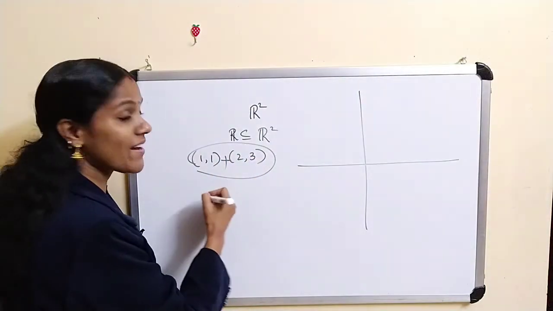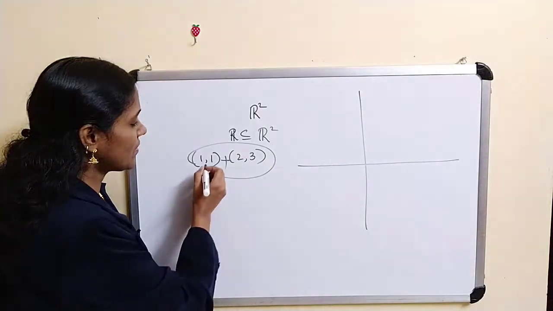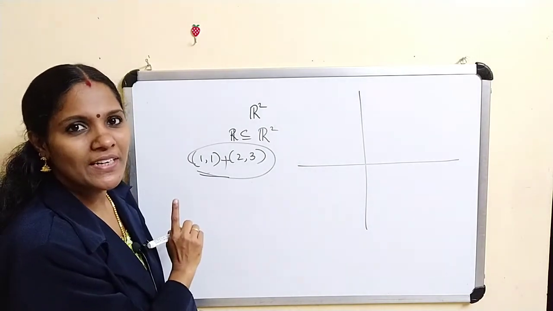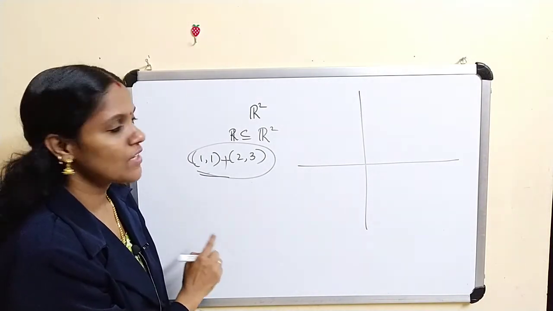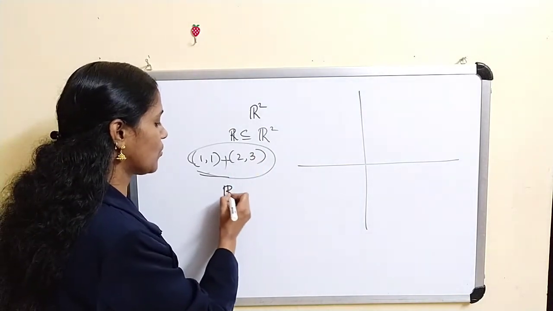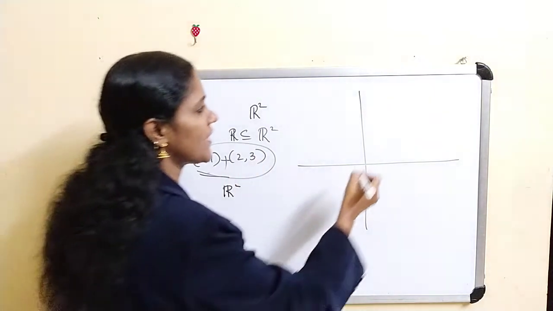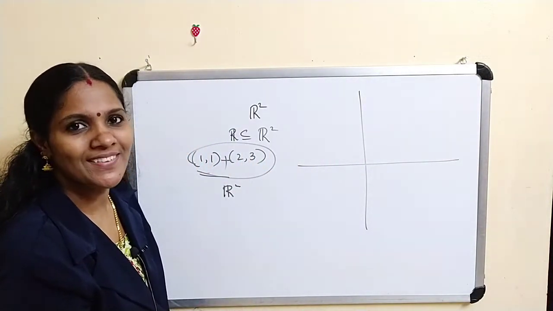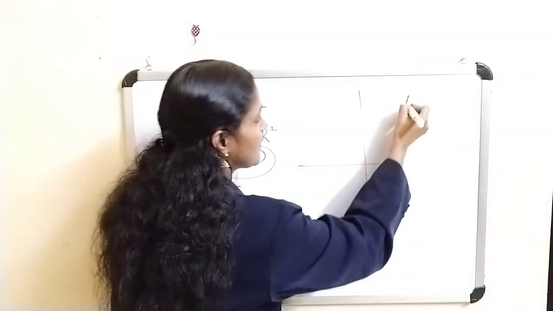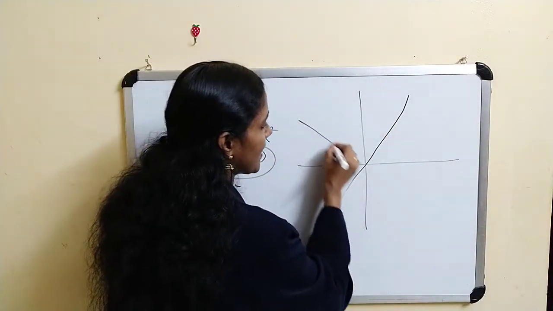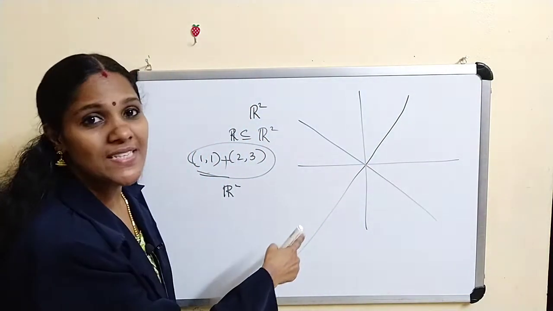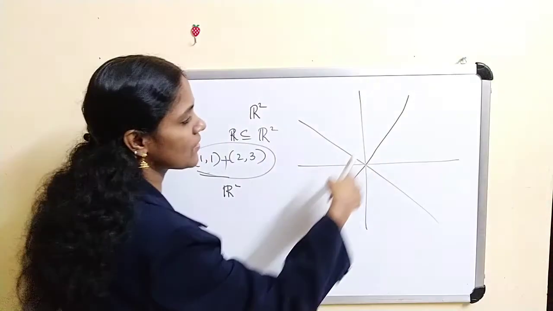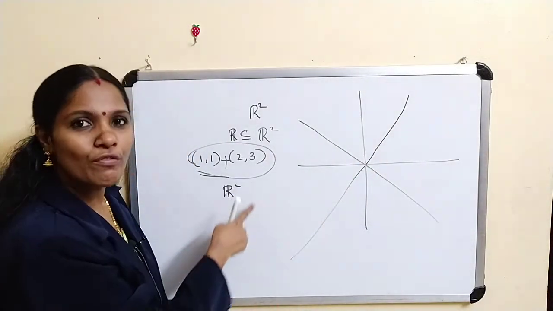That means we are adding, and we get the line joining two points. So if you consider in R2 any straight line, then that straight line gives linear combinations of those points. If this is a straight line passing through the origin, clearly a straight line passing through the origin is a subspace of R2.